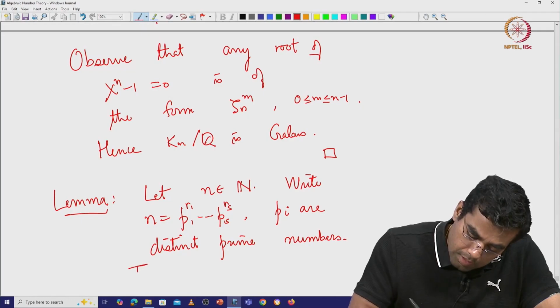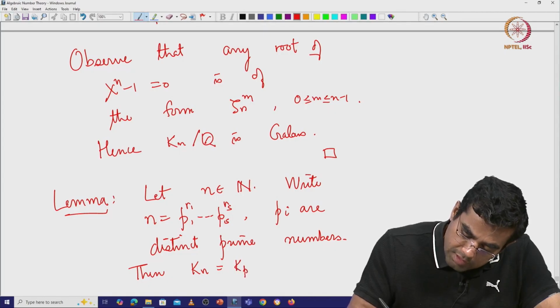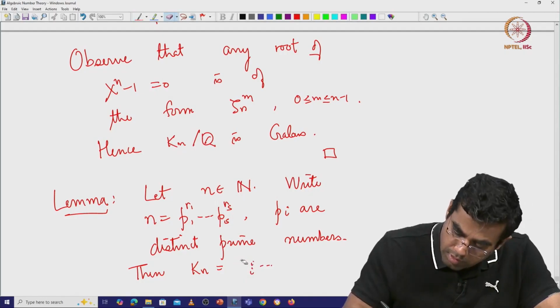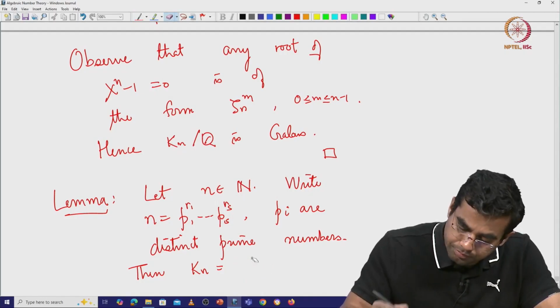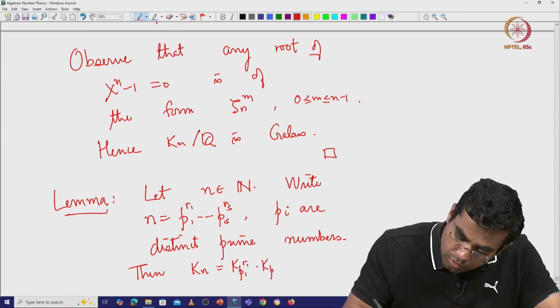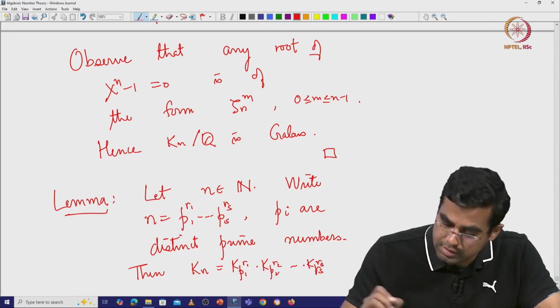Then K n is the compositum of K p1 to the r1, K p2 to the r2, and so on up to K ps to the rs.